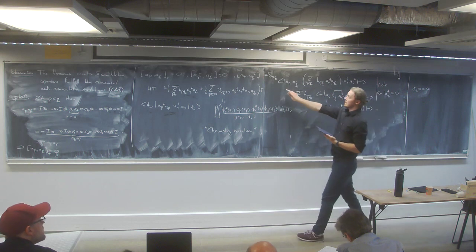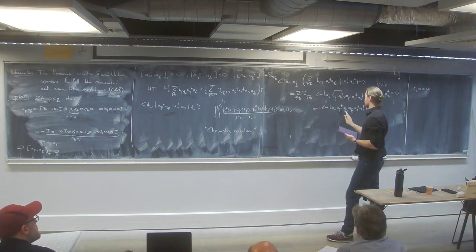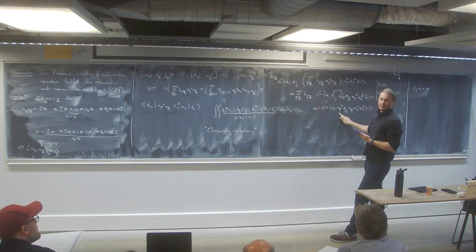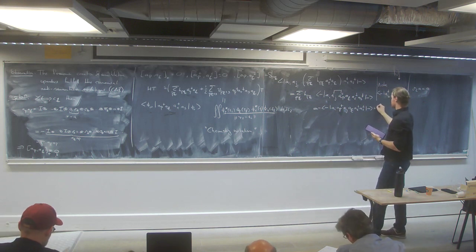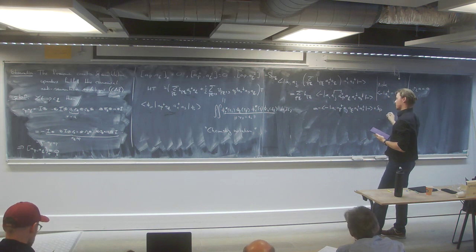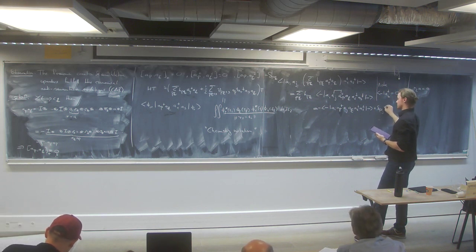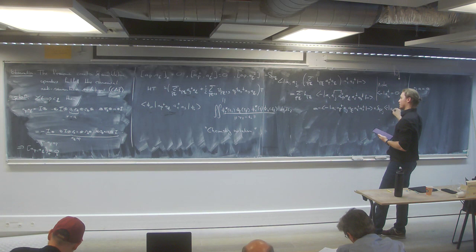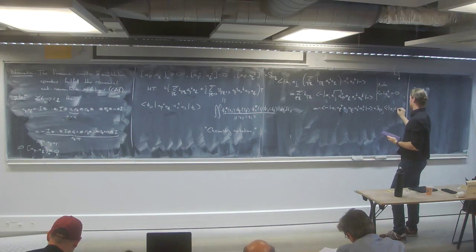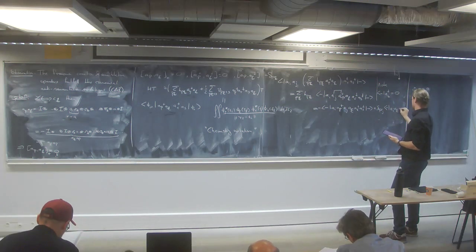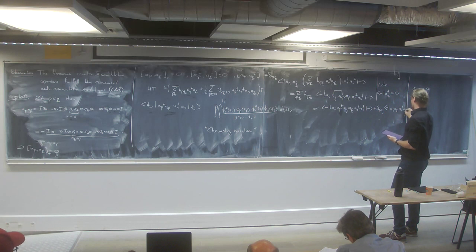And if it happens that P and J are the same, we get a Kronecker delta. So plus delta_PJ vacuum A_I A_Q dagger dagger.